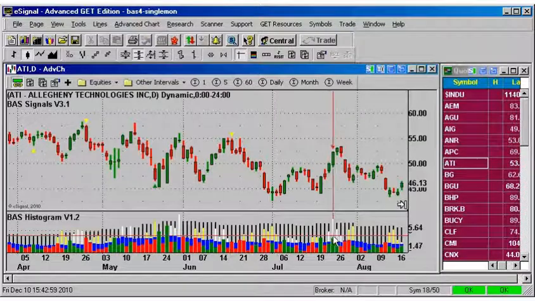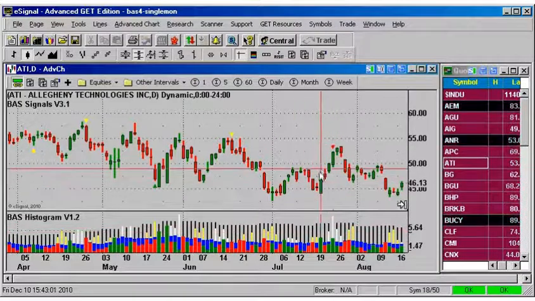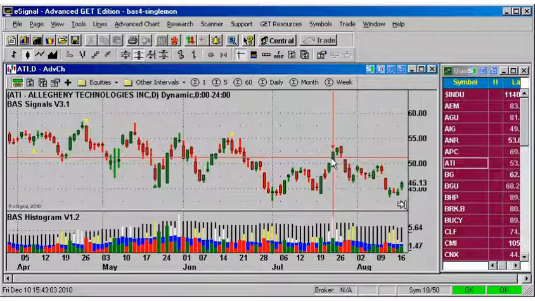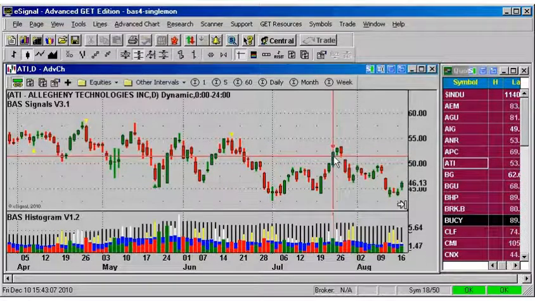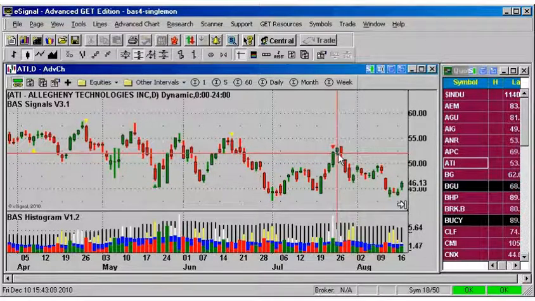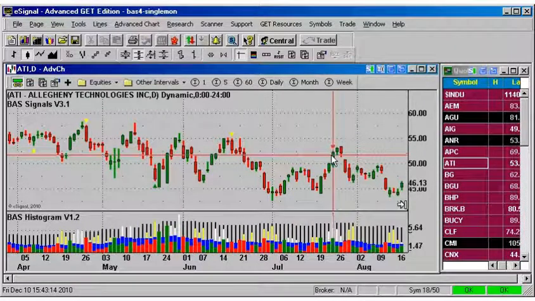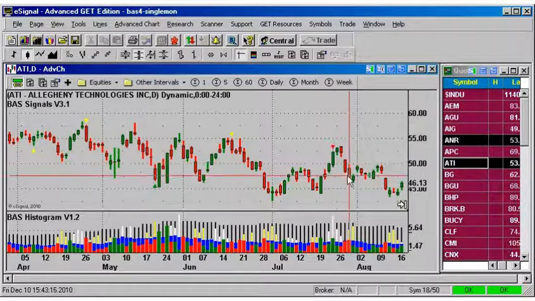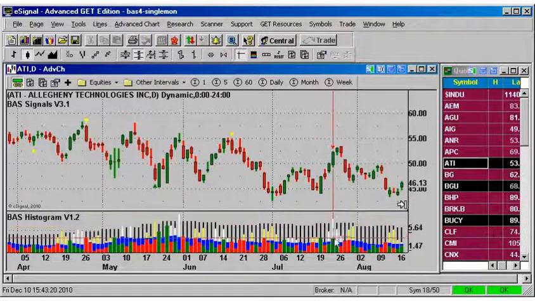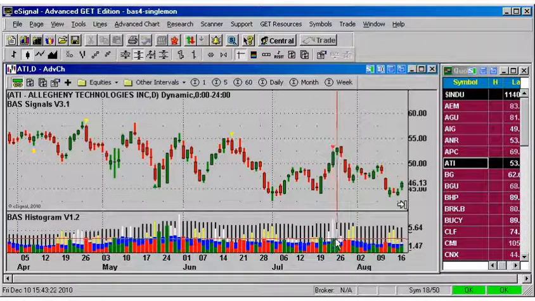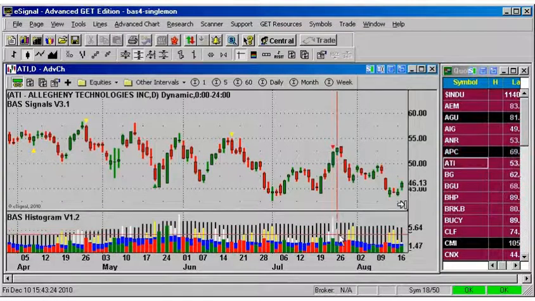Here is green and white, which kind of validates this signal. But this is a next bar signal, and the next bar wasn't down, so that really wasn't a good signal. But if I was playing this, you have to look at these green bars here and how tall this one is.